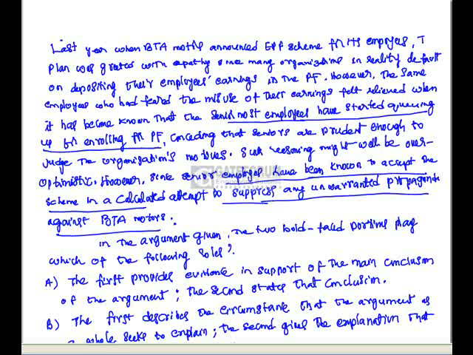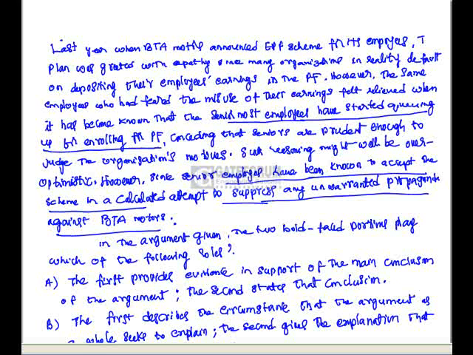However, the same employees who had feared the misuse of their earnings felt relieved when it became known that the senior most employees have started queuing up for enrolling in the PF. Conceding that seniors are prudent enough to judge the organization's motives, such reasoning might well be over-optimistic. However, since senior employees have been known to accept the scheme in a calculated attempt to suppress any unwarranted propaganda against BTA Motors.